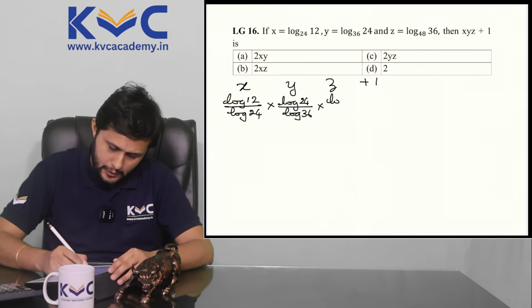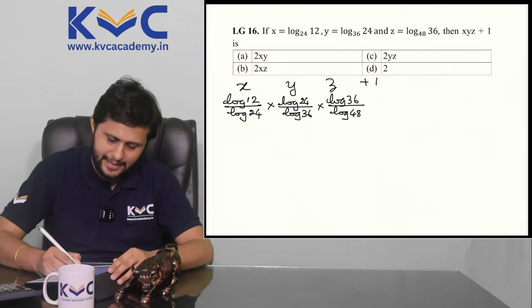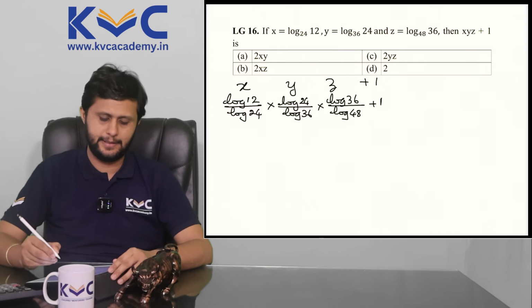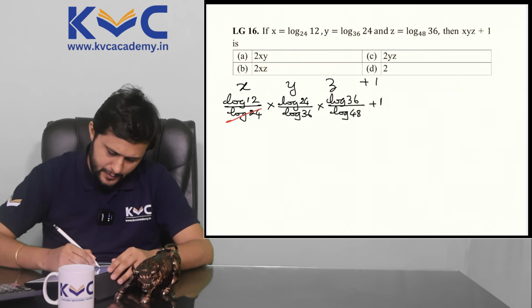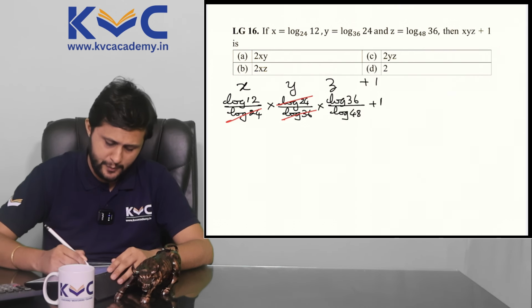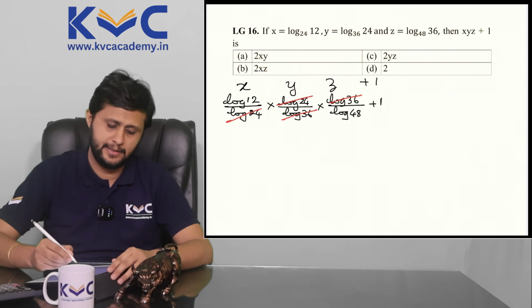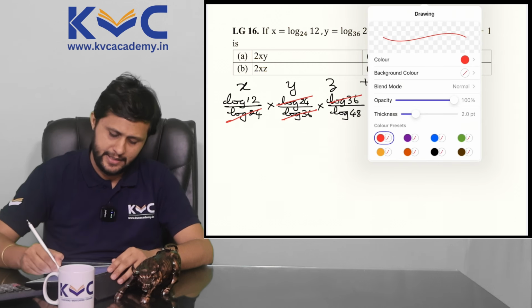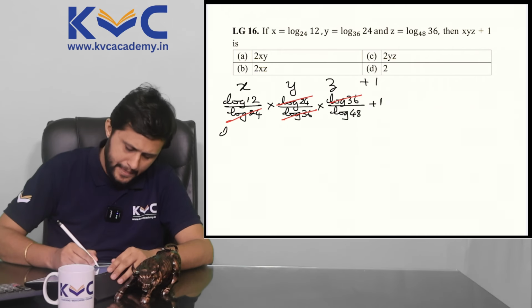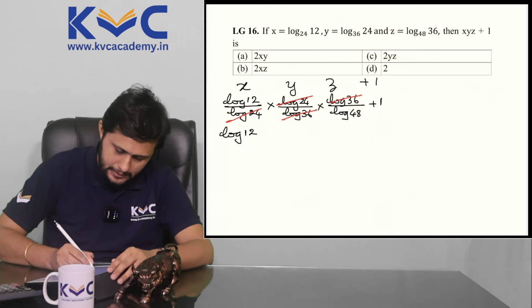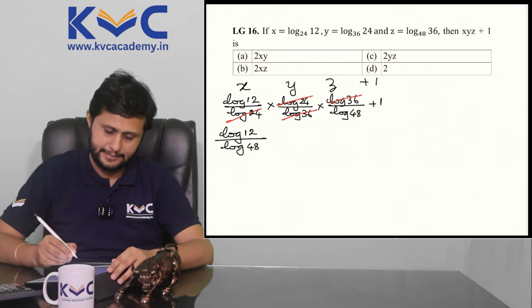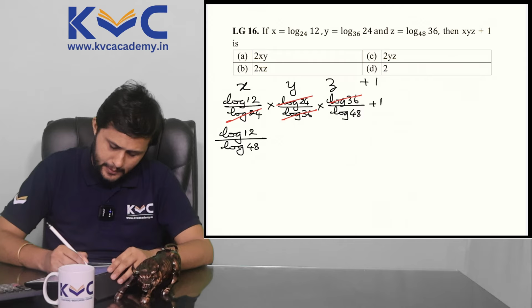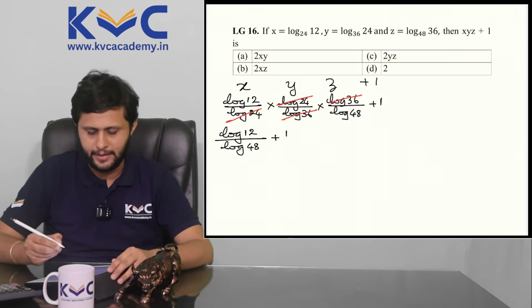Z is log 36 divided by log 48, plus 1 as it is. Now I'll simplify. Smaller terms, we have 24 24 cancelling, 36 36 cancelling. What remains now? I have log 12 by log 48. Okay, we have plus 1 which is remaining.